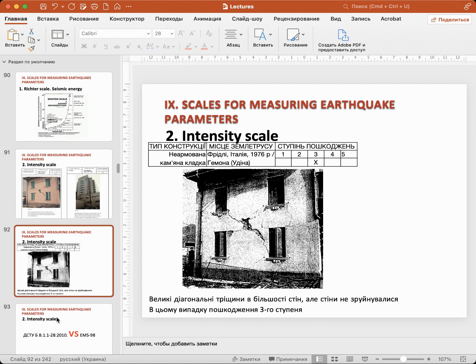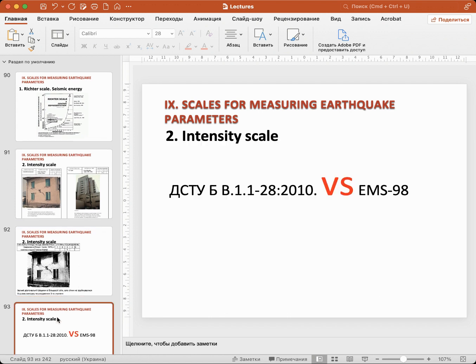Further, we will discuss those two scales from the point of view of what is the same and what is different. I want to tell you that this European Macroseismic Scale is based on the MSK-64 scale. MSK-64 was used in the Soviet Union and also in some European countries.